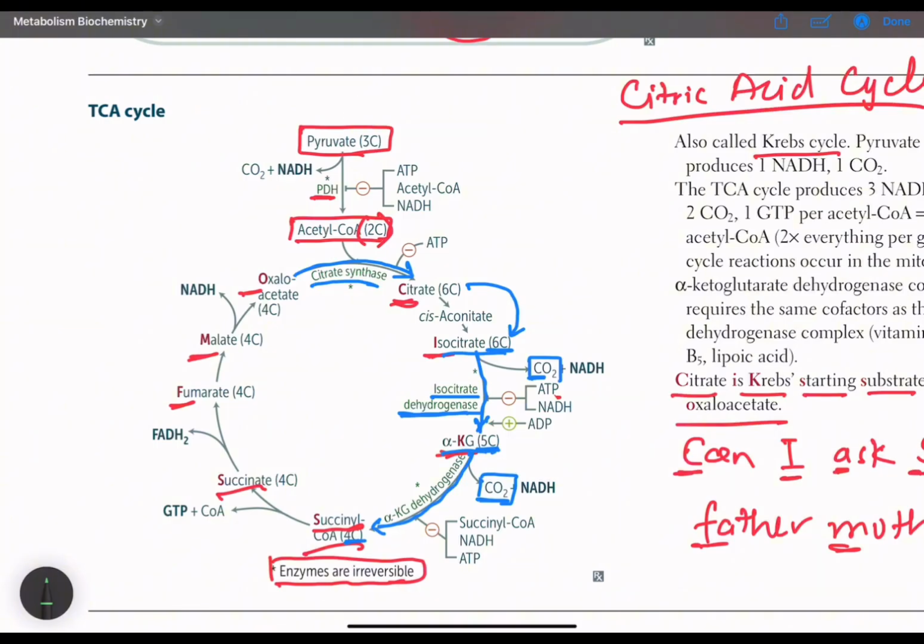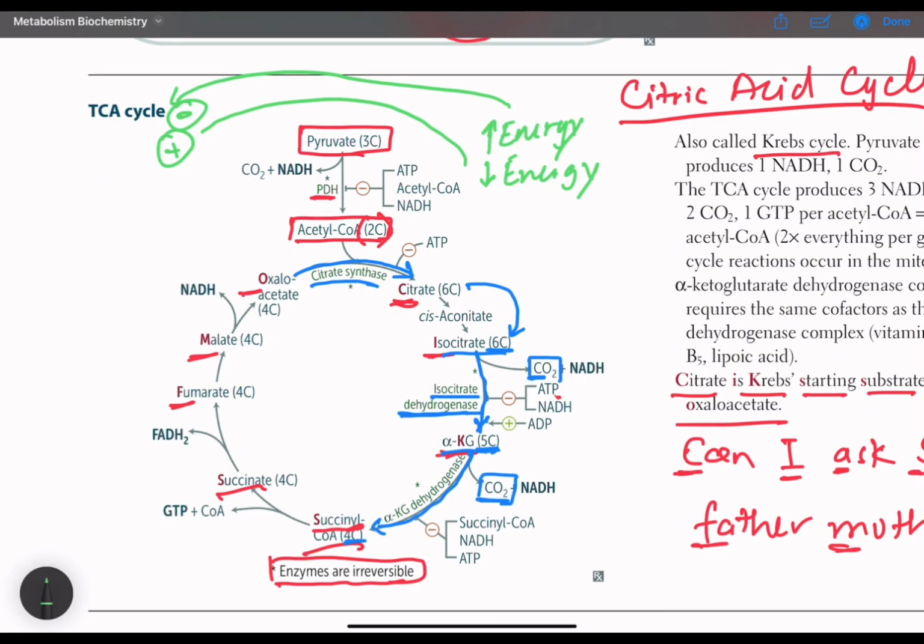Regarding regulation, the general rule is that when the cell has high energy, there is no need for the TCA cycle. So high energy inhibits the TCA cycle, while low energy activates it. All of the regulatory reactions of the TCA cycle can be remembered by this simple general formula.